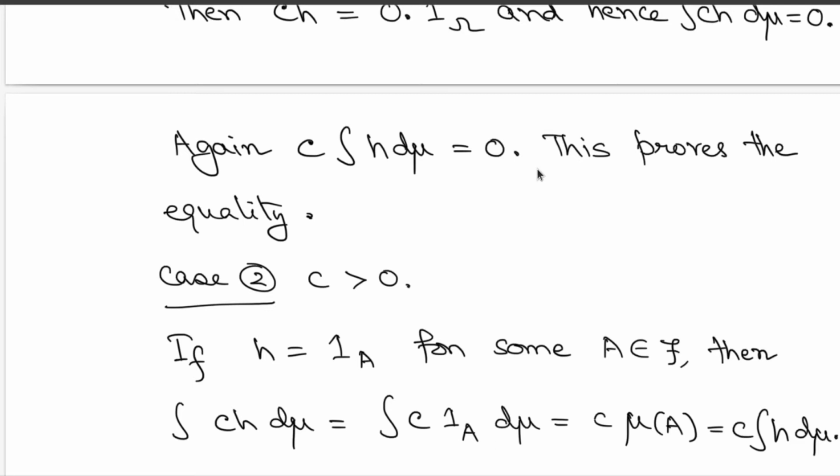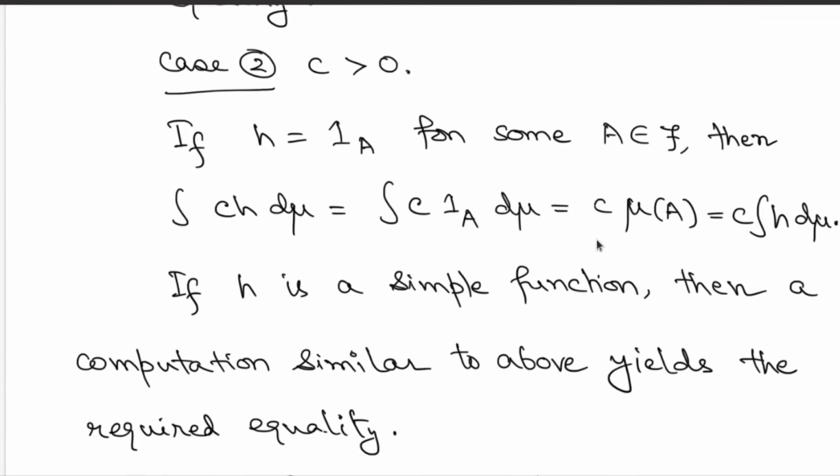Let's now consider the case when c is positive. So what happens now? You have to go through the several steps which were used for the definition of the integral. So start with the indicator function. Take a set A in your domain sigma field and look at the indicator of that set. If h is of that form, then what is the integral?